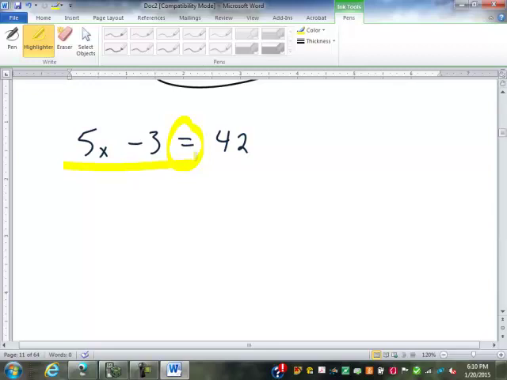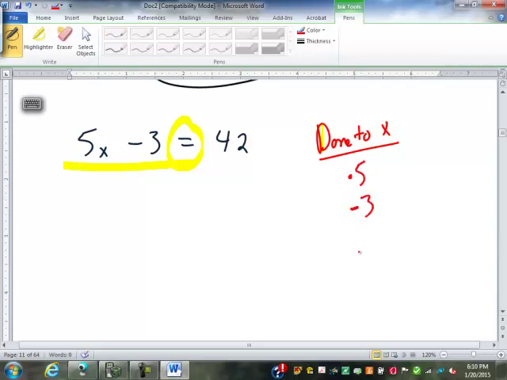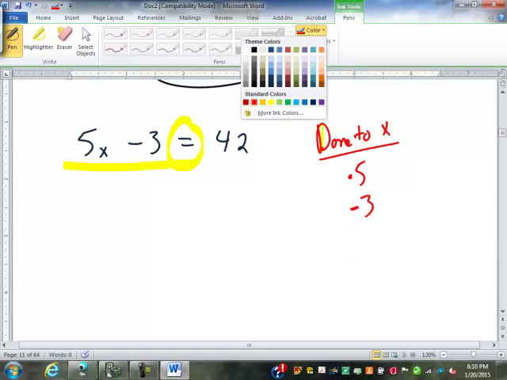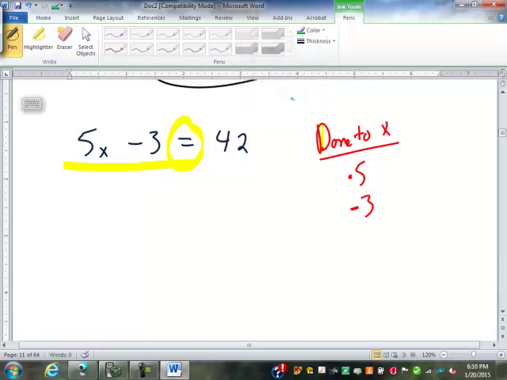How about the 3? Subtraction. So now we have to ask ourselves, when this was built, what was done to the variable to build this? Which one happens first? Order of operations, do we multiply or subtract first? We multiply first. So when this equation was built, the x was multiplied by 5 first, then 3 was subtracted from it. That's how the equation was built.